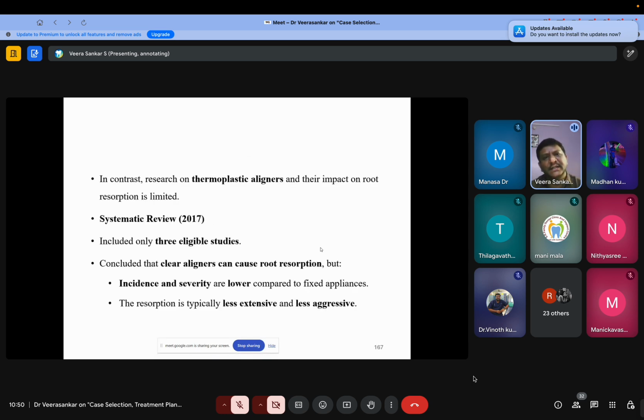In contrast, the impact of thermoplastic aligners on root resorption is very limited. A systematic review states that only 3 eligible studies were included. They concluded that clear aligners can cause root resorption, but the incidence and severity are lower compared to fixed appliances. The resorption is typically less extensive and less aggressive.